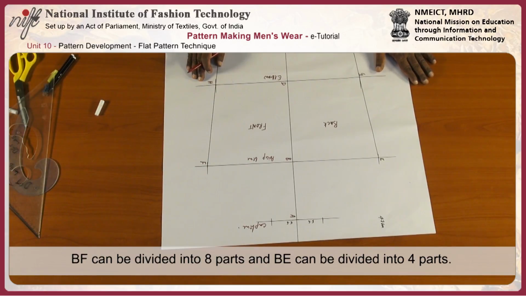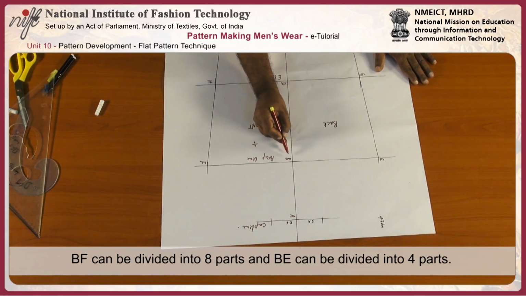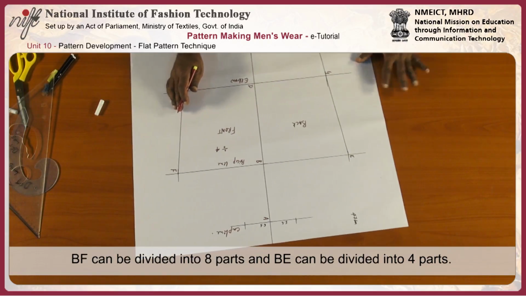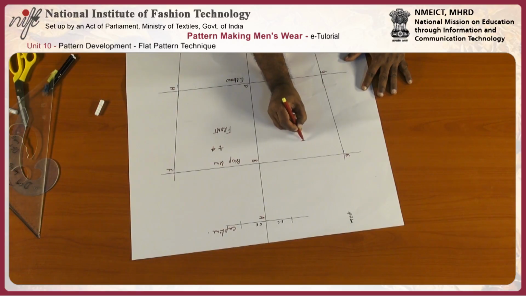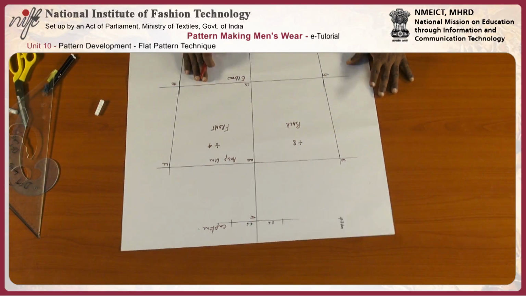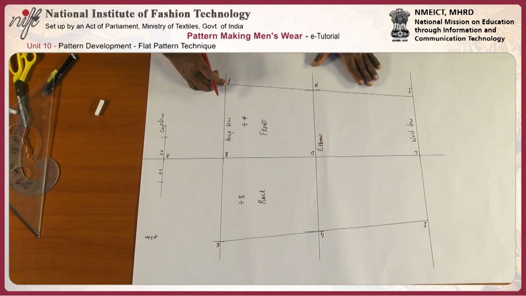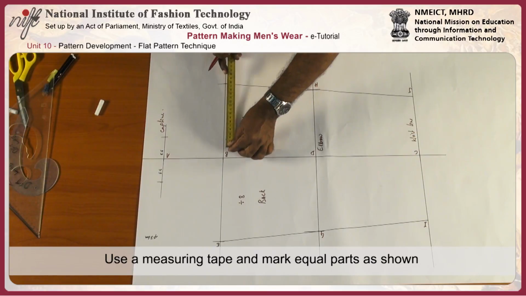So the front should be divided by 4, that is the distance of BF, and the distance of BE divided by 8. That means the distance from here to here is to be made 8 parts and 1 part taken into consideration.